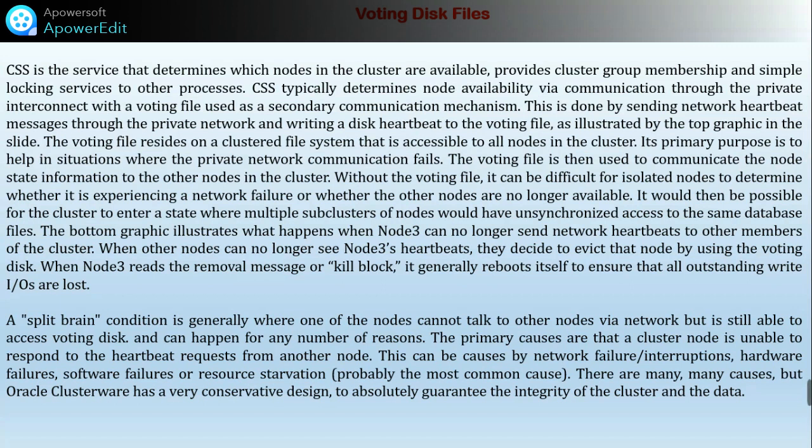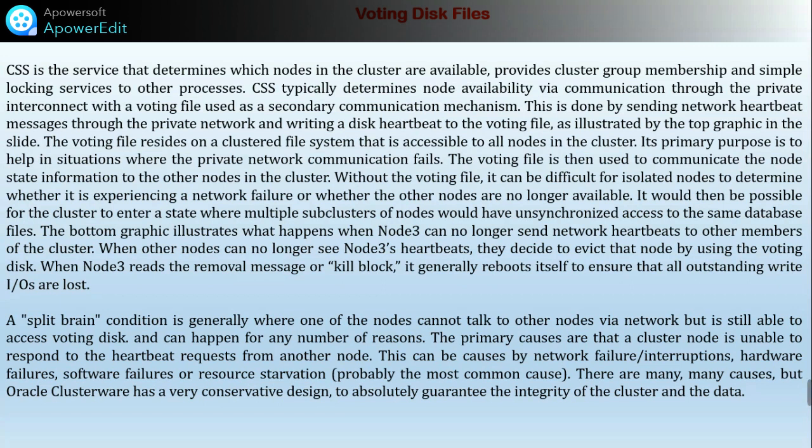The bottom graphic illustrates what happens when node 3 can no longer send network heartbeats to other members of the cluster. When other nodes can no longer see node 3's heartbeats, they decide to evict that node by using the voting disk. When node 3 reads the removal message or kill block, it generally reboots itself to ensure that the outstanding write IOs are lost.